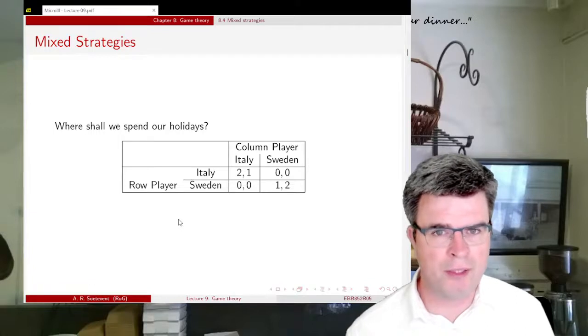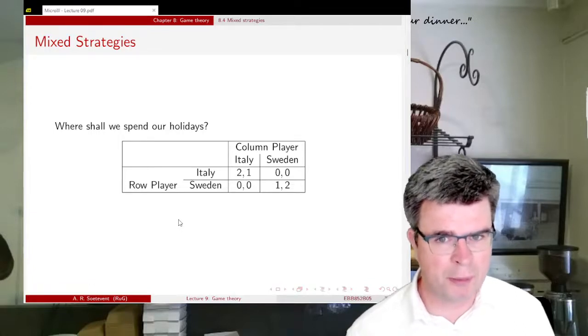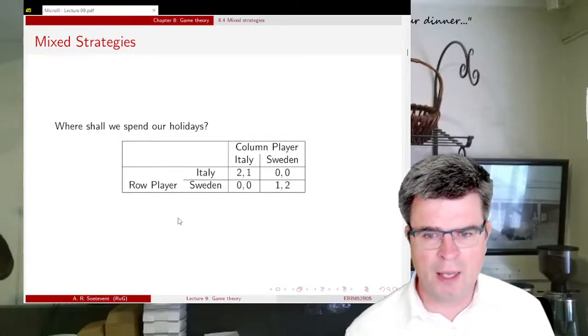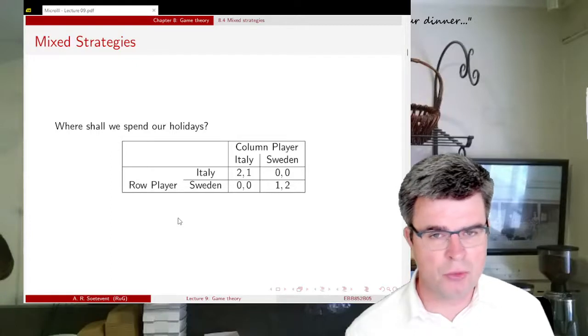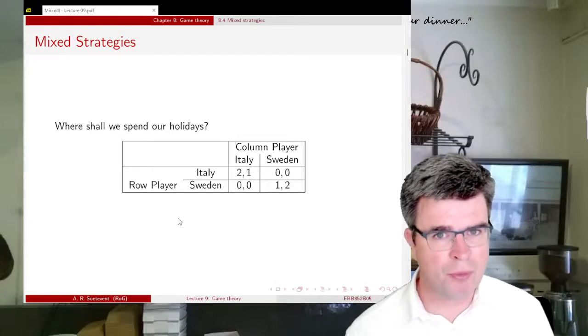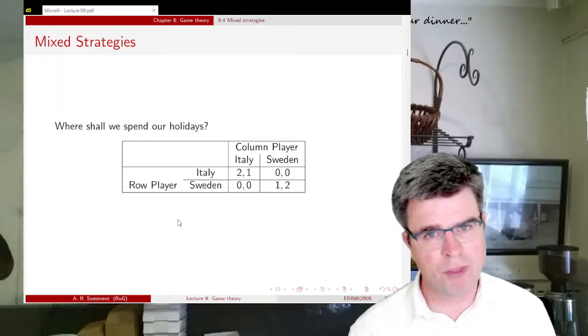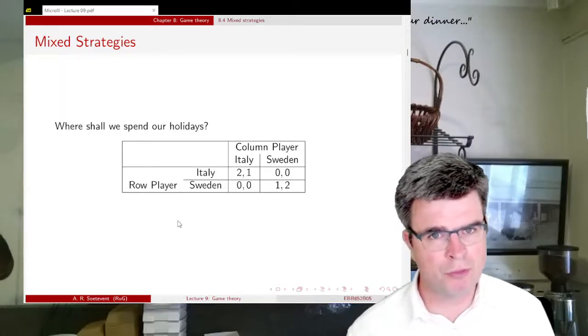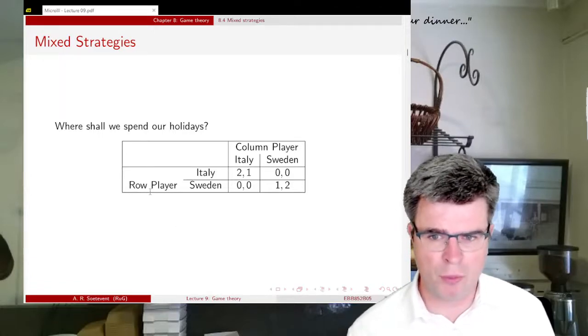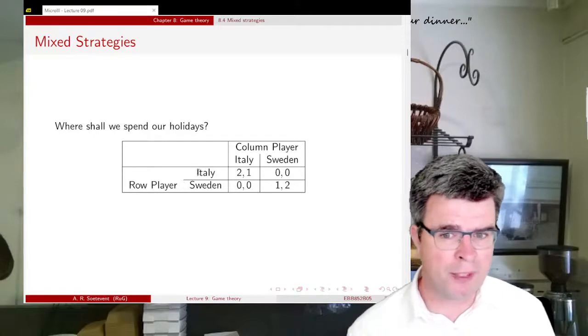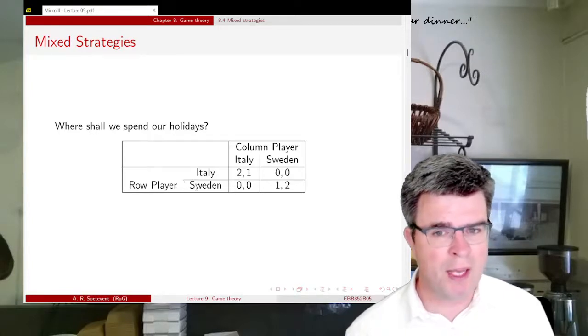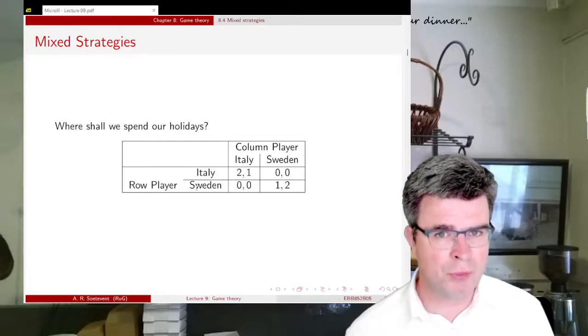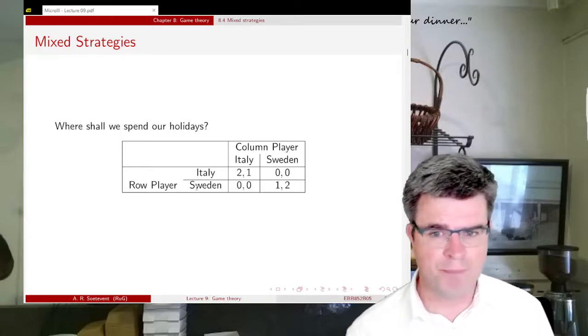And the question that they need to decide upon is where to spend the holiday. And these 2 players, they like each other, so they prefer to go on holiday together, but they have their own individual preferences for where to spend the holiday. So the row player is rather in Italy than in Sweden, and the column player prefers Sweden over Italy.